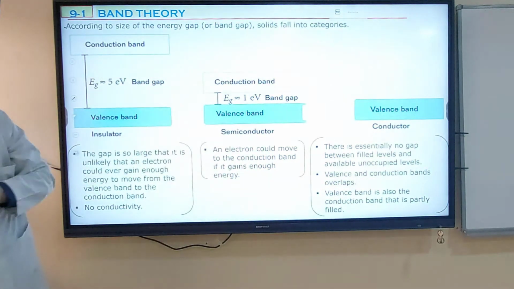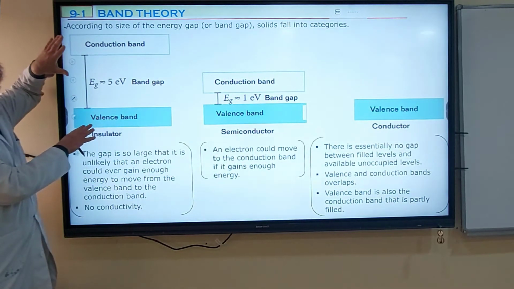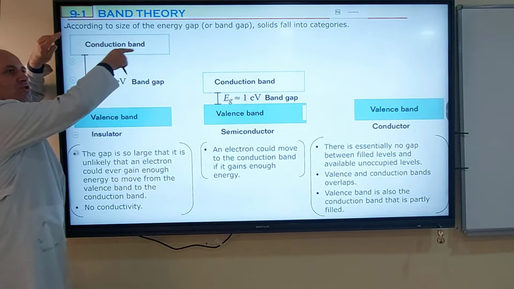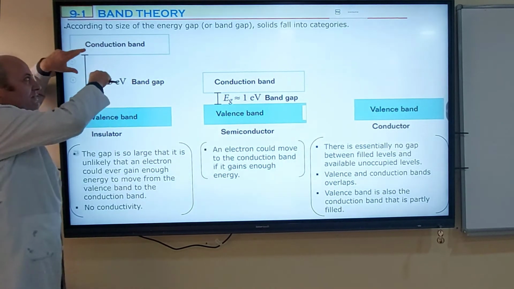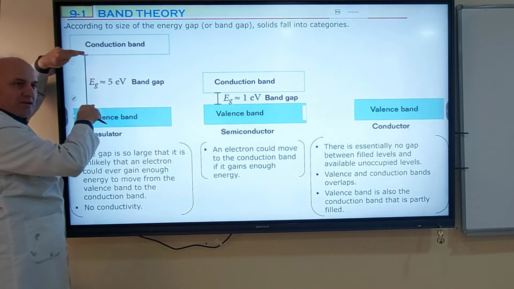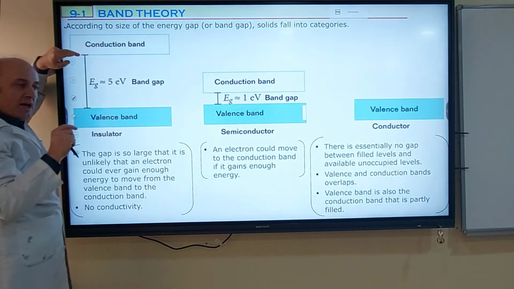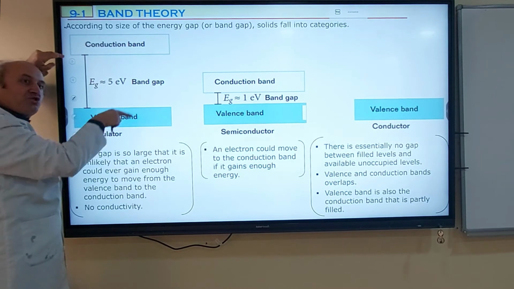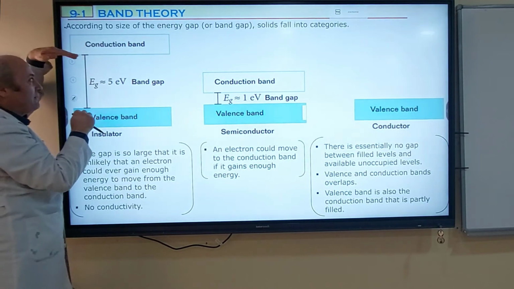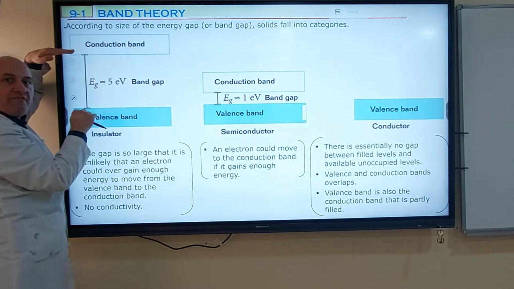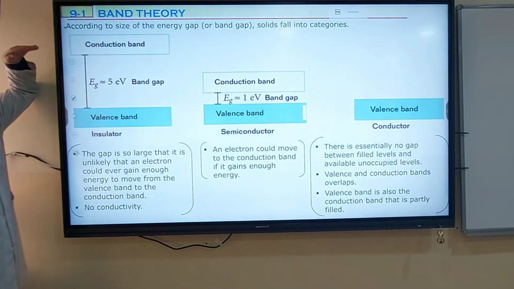And how? This is the model for an insulator. Valence band and conduction band. You know what the gap between them is? 5 electron volts. If you want to start conductivity, electrons in the valence band must jump to the conduction band. But this gap is huge, 5 electron volts. That energy cannot be gained by an electron.